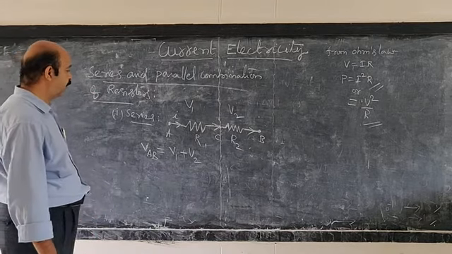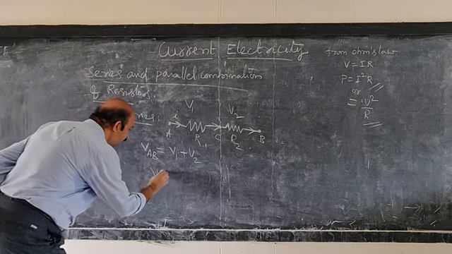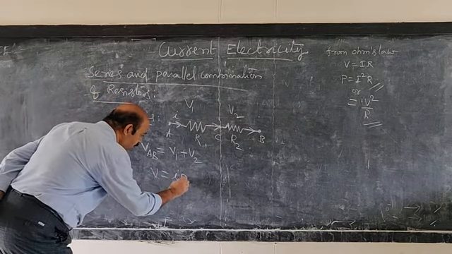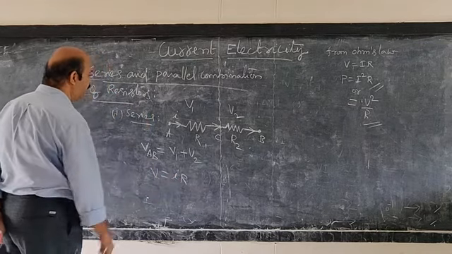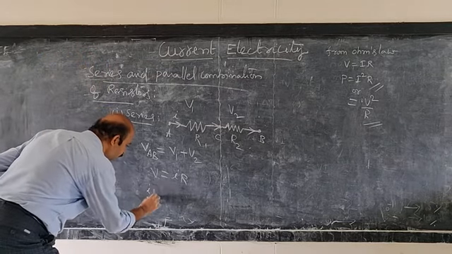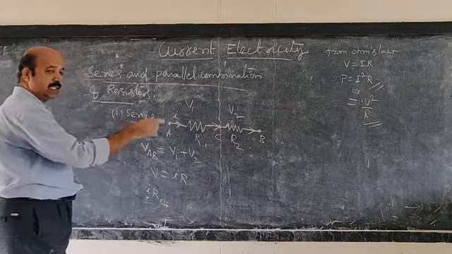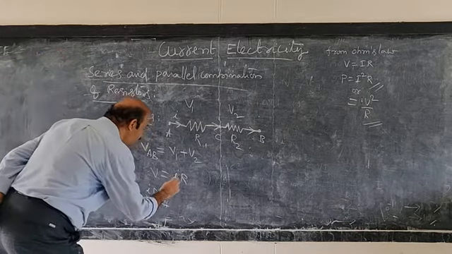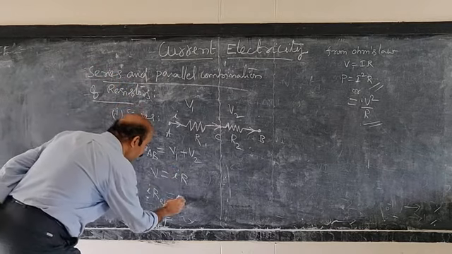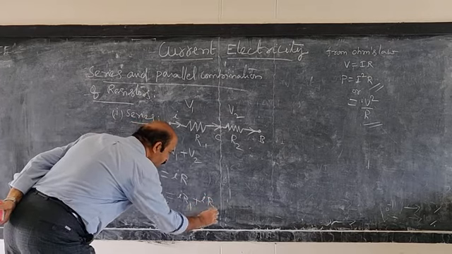And therefore, we can write like this. From Ohm's law, V is equal to IR. VAB can be written as I into the effective resistance across AB, that is equal to V1 plus V2, which from the same formula is I into R1 plus I into R2.